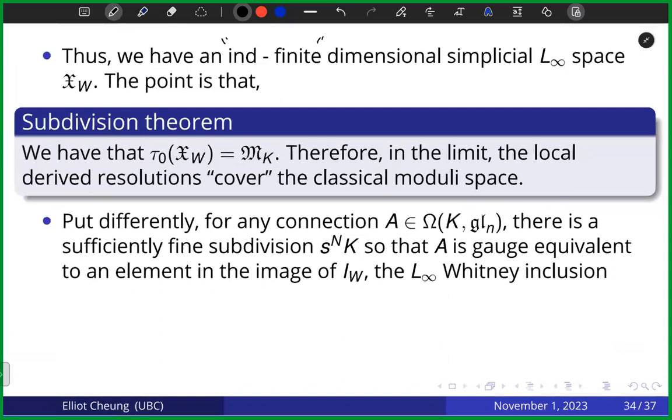Okay, so that's this ex W, the main construction that will set everything off, and now we have this morally finite dimensional model of the Chern-Simons moduli space. We can try to work with it and see if we can produce invariants and understand its geometry and so on.